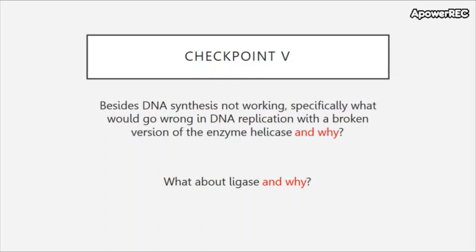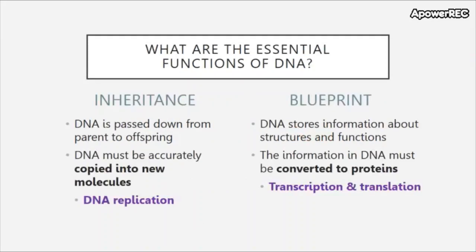For credit on this checkpoint 5, you need to describe what mechanism will not be operating or functioning properly with those two enzymes, and explain why that would cause issues with DNA replication. So that covers our discussion of inheritance with DNA, namely DNA replication, how DNA molecules are copied and replicated.